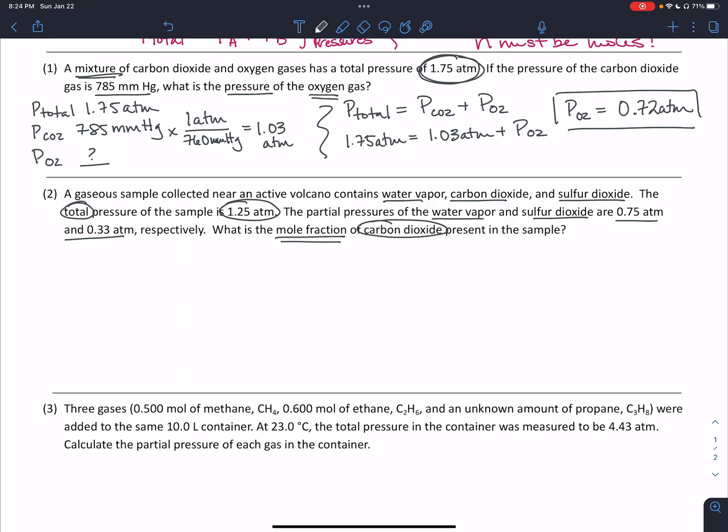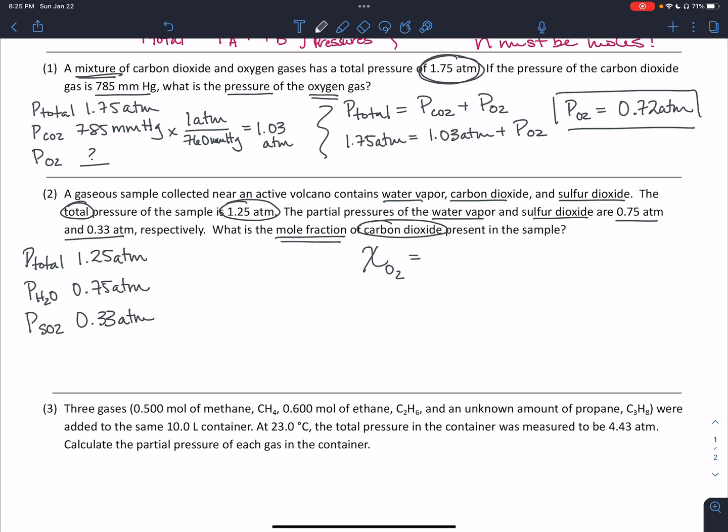All right, so let's see what we know. We have a total pressure of 1.25 atms. We know that the partial pressure of water, in this case, is 0.75 atms. And we know that the partial pressure of sulfur dioxide is 0.33 atms. The problem wants to find the mole fraction of CO2.